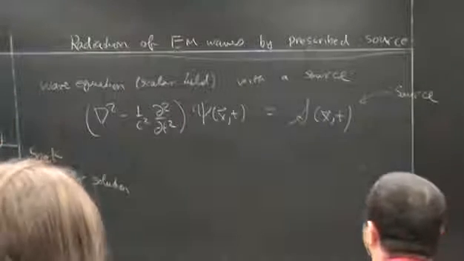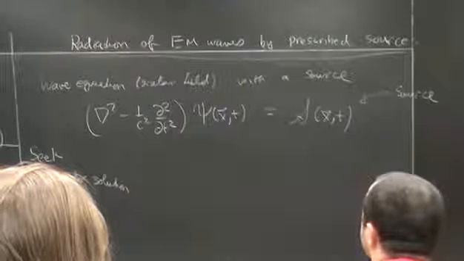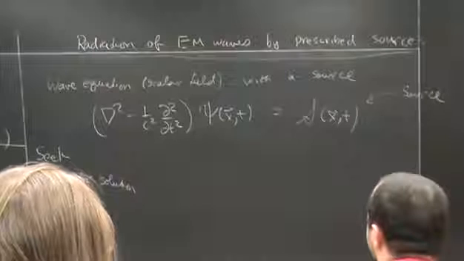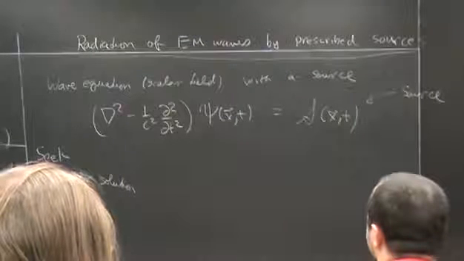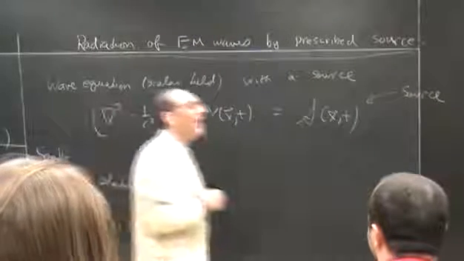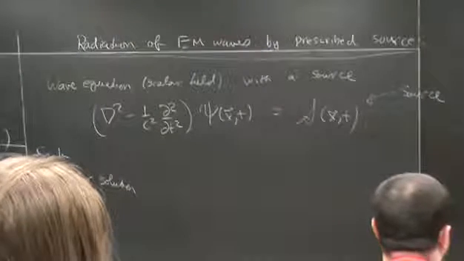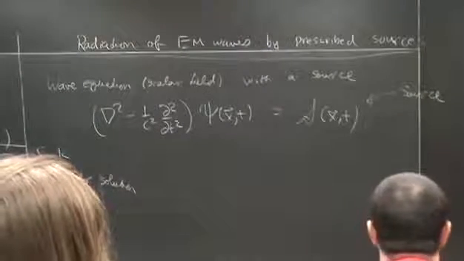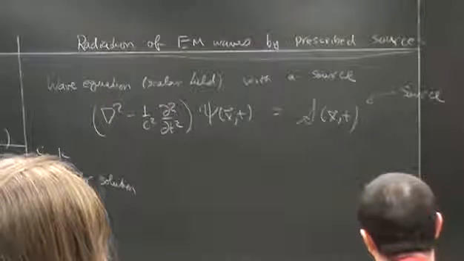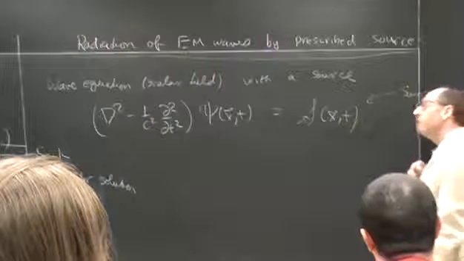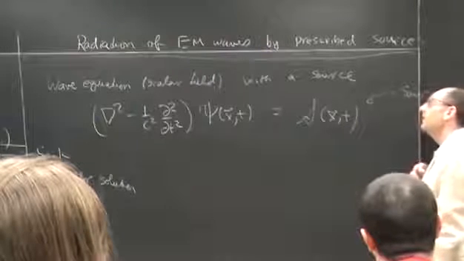How do we do it? Guess, maybe. It's pretty hard pressed to guess. You could break your source up into some sort of Fourier basis. Yeah, we could do something pretty close to that.